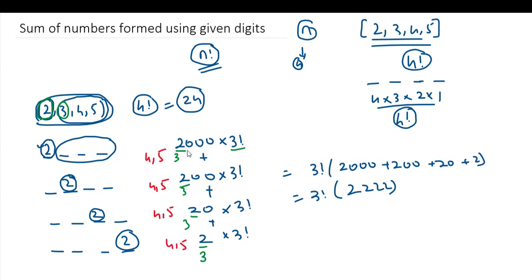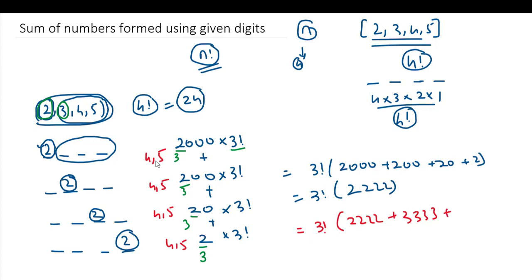So if we take the sum of all these, what are we going to get? 3 factorial we can take common from all these. So we'll have 3 factorial into 2222 plus, if we add 3000 plus 300 plus 30 plus 3, we'll get 3333.